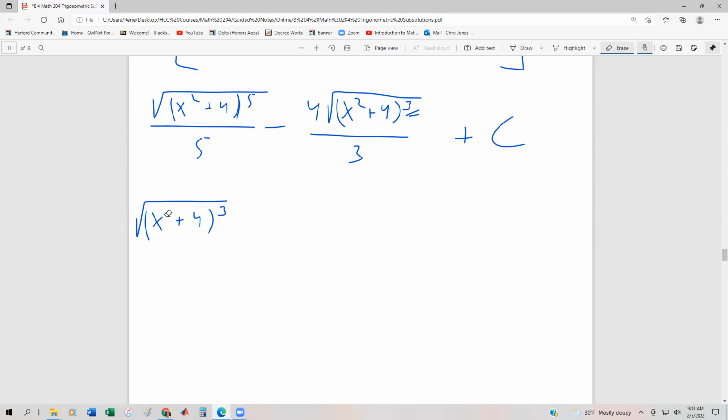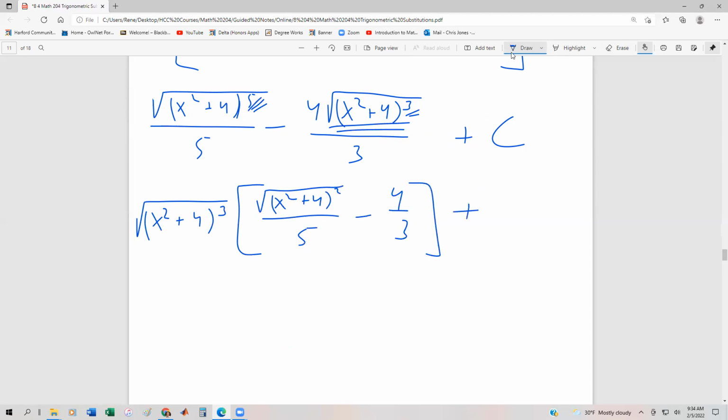That's going to take 3 of those radicals away from each of our terms, leaving us with 2 here, since we took 3 away. So that's going to be the square root of x squared plus 4 squared over 5, and then we took all of them from this one, so that'll be minus 4/3 plus c.